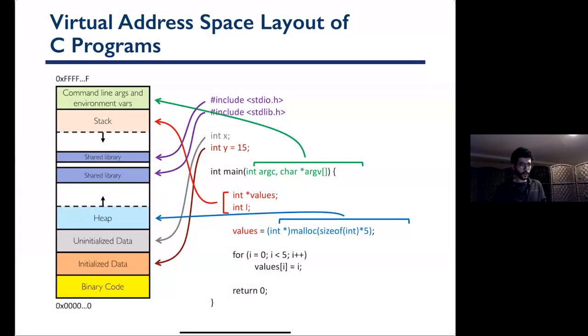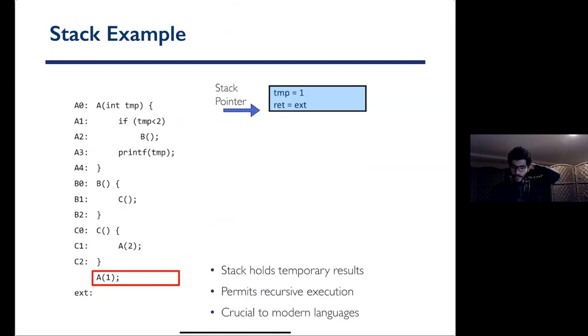Now let's go back to the lecture. We talked about the virtual address space layout for a C program. Somebody was eager to ask me about the execution stack in the last lecture. So here comes the execution stack.